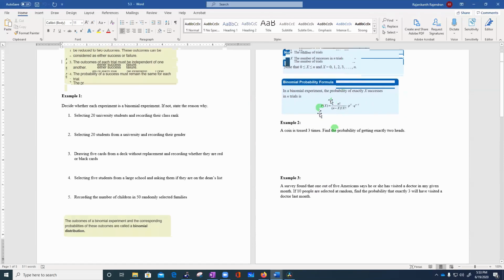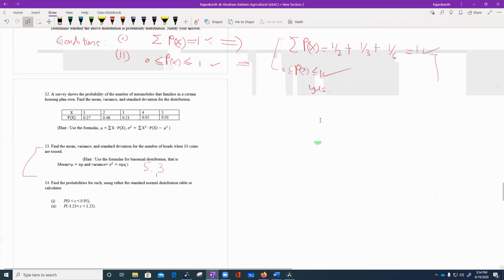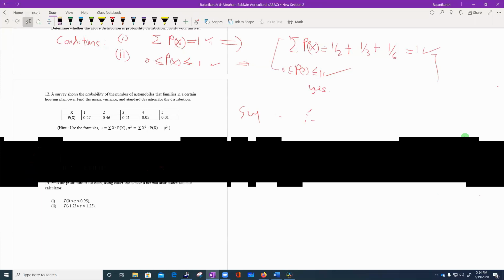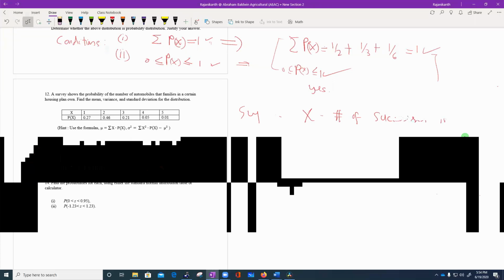Then the probability of the number of successes is given by this formula. The probability of x successes is given by n factorial over n minus x factorial times x factorial. This is nothing but n choose x. Okay. So let me go there, and I'm writing here. Suppose x is the number of successes you are looking for in n trials.